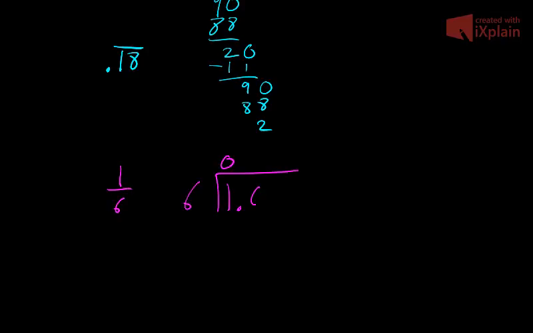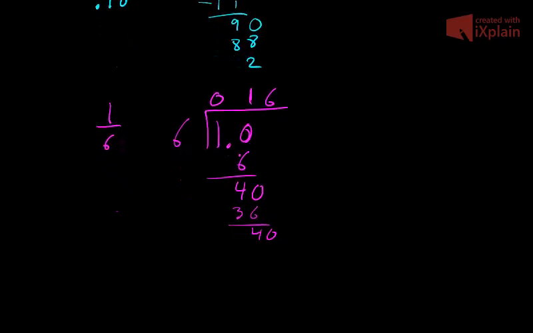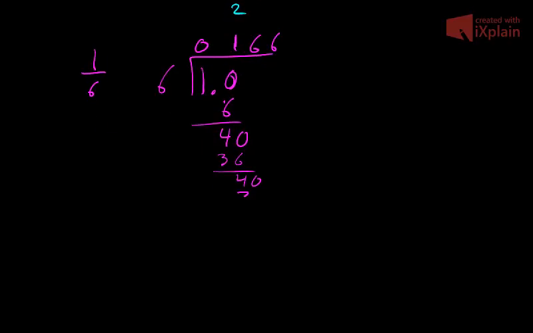It doesn't. 6 goes into 10 one time, and that will leave us 10 minus 6 is 4. 40. 6 goes into 40 exactly 6 times. 6 times 6 is 36, giving a 4 for 40. 6 goes into 40 6 times. 36. That should say 36, not 34. I confused myself there. 40 minus 36 is 4. 6 goes into 40 6 times, and this will keep on going forever.